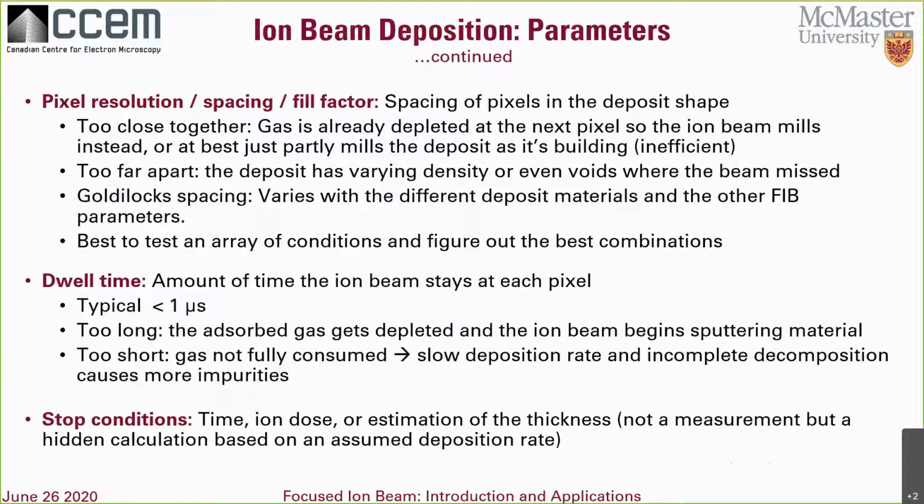If you really need to push the limits with the sample, then you don't want to start with, say, 150 nanometers and then expect to low kV mill that all the way down to 20 or 40 nanometers. If you have to do an excessive amount of low voltage cleaning, then you're going to get preferential etching, and that could be a problem if your sample's not a single crystal, and most of the time it's not.